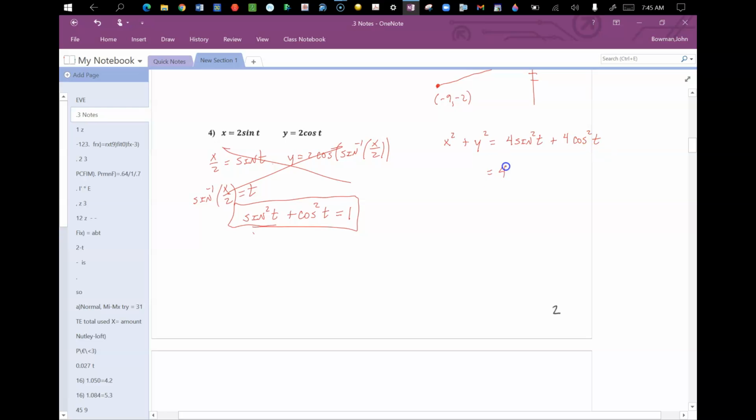And we can factor the 4 out and get sine squared t plus cosine squared t. And we get x squared plus y squared is equal to 4, because sine squared plus cosine squared is equal to 1. And if you don't recognize that, that is the equation of a circle with radius equal to 2 and a center at the origin.